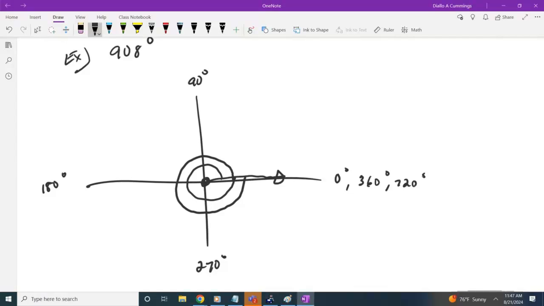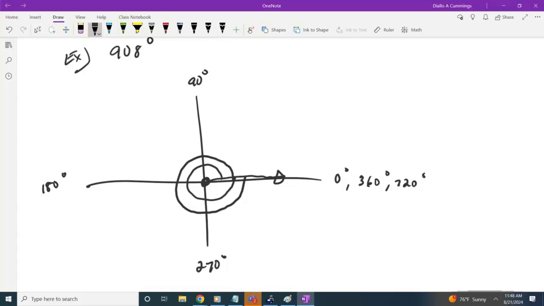Initially, both your initial and your terminal side are located along this position. But when you take the terminal side and rotate it around one full rotation, you get 360. I need 908, so I'm going to spin it around again. So now I'm at what? 720. If I spin it around another 360, I'm going to overshoot 908, right?